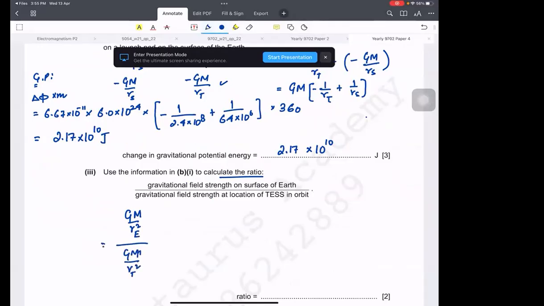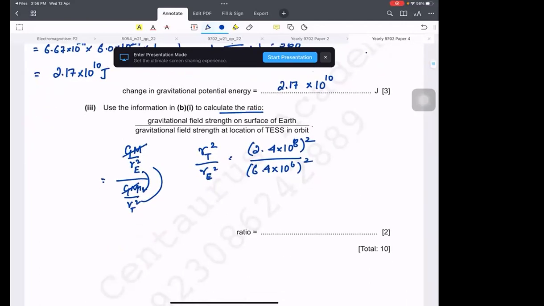This is what we want, right? This and this will cancel out. This will come down, this will go down. So R on the test and R on Earth. So it will be 2.4 times 10 power 8 whole square divided by 6.4 times 10 raised to 6. This is pretty simple. What is the answer then?